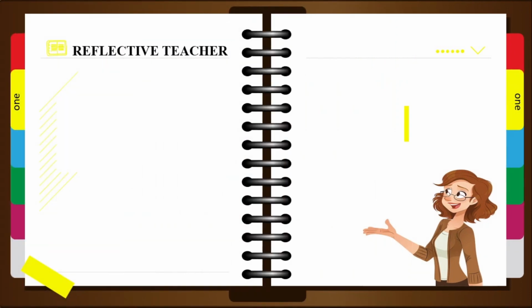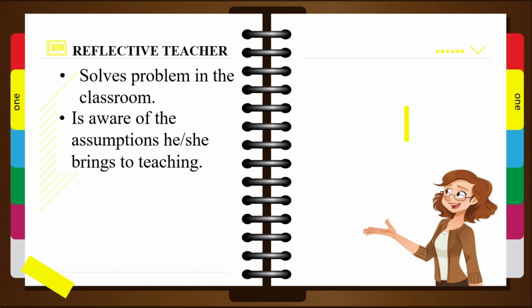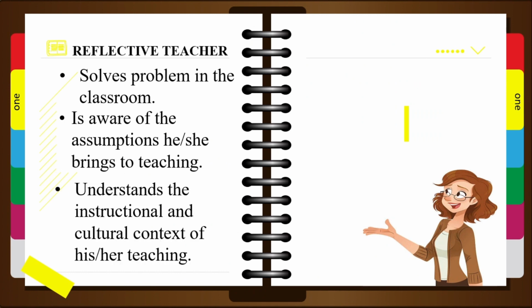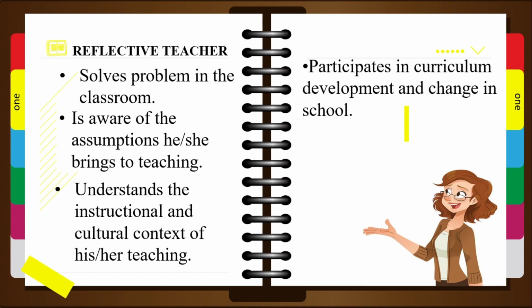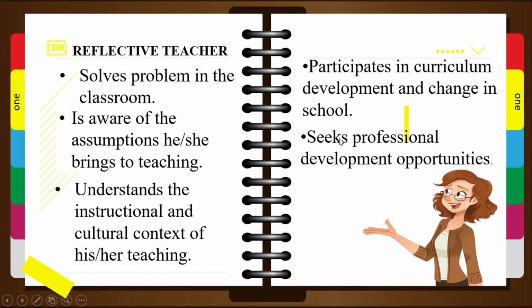Well, a reflective teacher solves problems in the classroom, is aware of the assumptions he or she brings to teaching, and understands the instructional and cultural context of his or her teaching. A reflective teacher also participates in curriculum development and change in school, and seeks professional development opportunities.